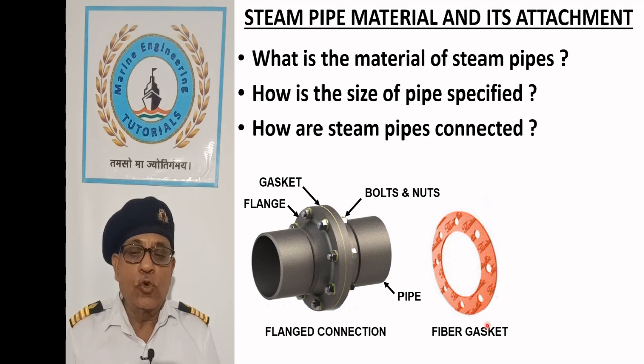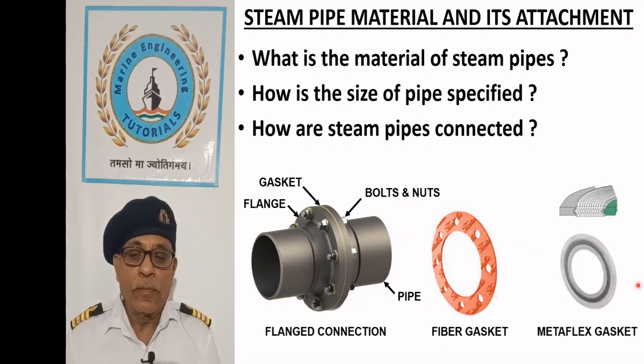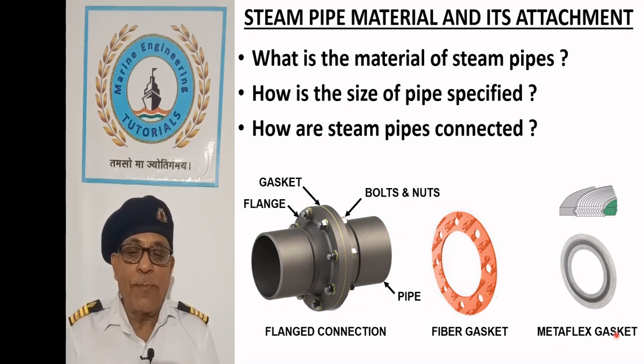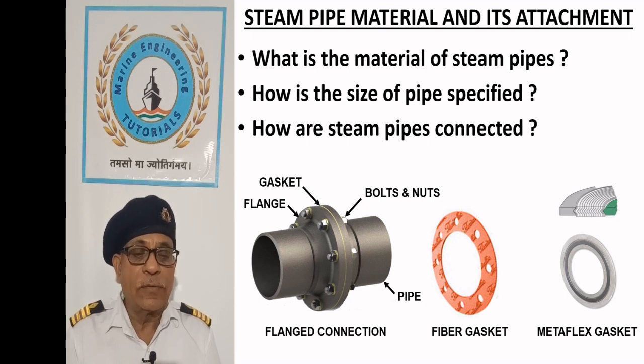Fiber gaskets are used for low pressure applications. Metaflex gaskets are used for high pressure, which consist of spirally wound membranes with fiber material sandwiched between inner and outer metallic rings.